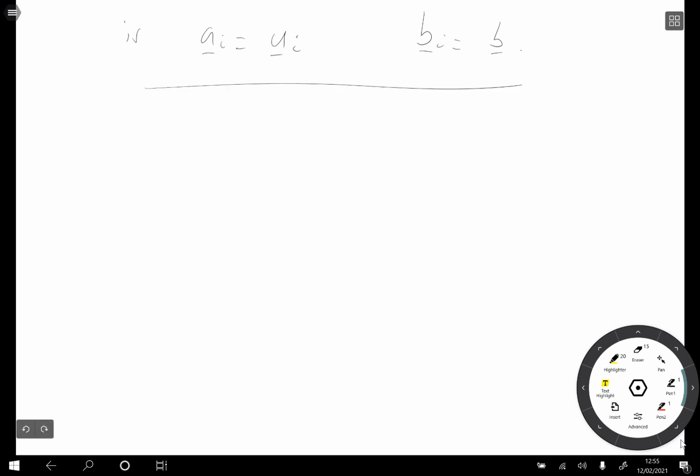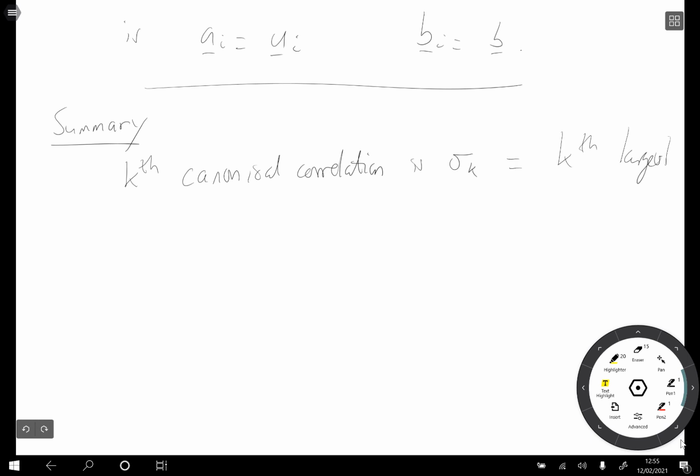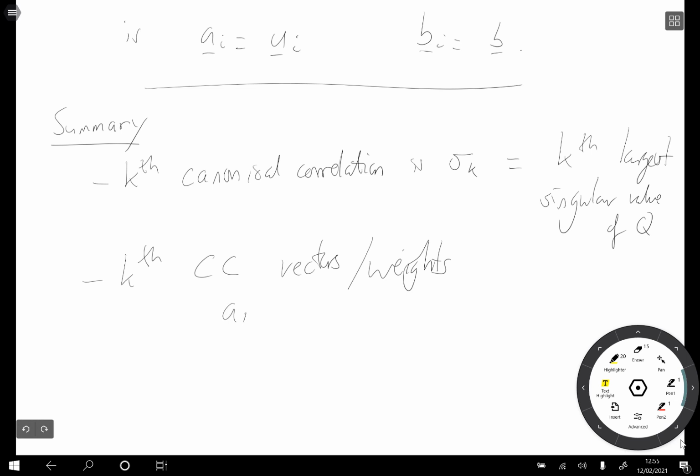So just to summarize then, the kth canonical correlation is sigma_k. This is the kth largest singular value of Q. The kth canonical correlation vectors, sometimes called the weights, are A_k, which is S_xx to the minus a half u_k, and B_k, which is S_yy to the minus a half v_k.